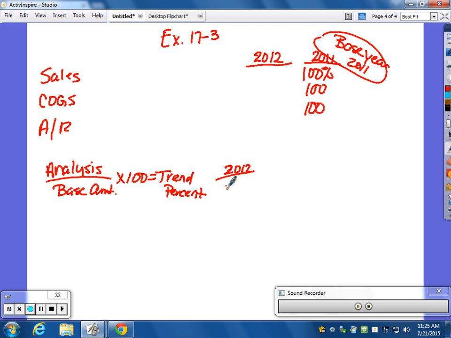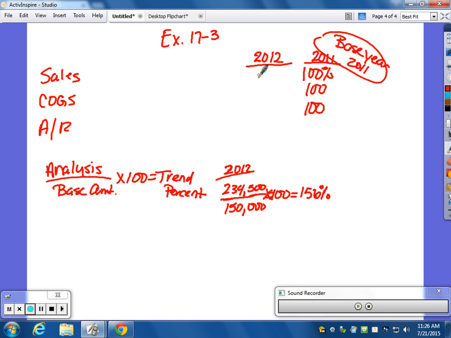That's going to be 234,000. What amount for your base year? 151. So once you multiply that by 100, that equals what? 156%. And you have to do that for each one of these.